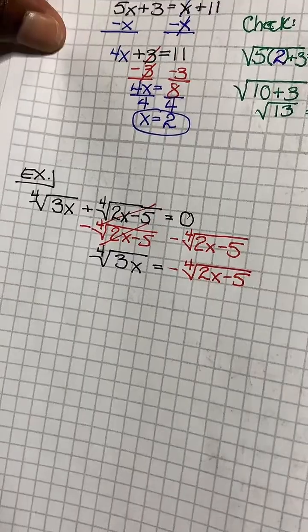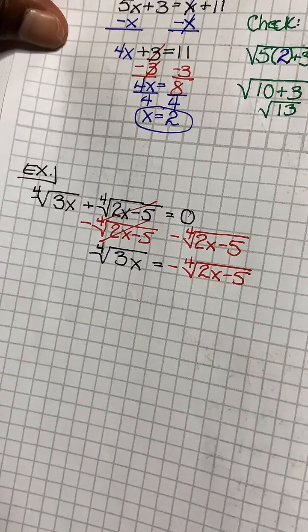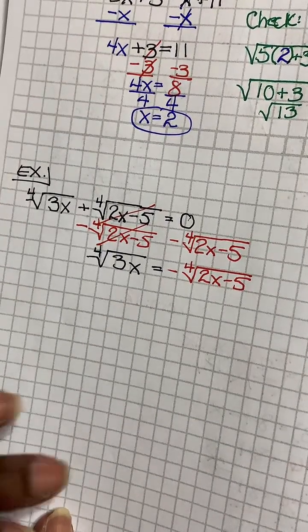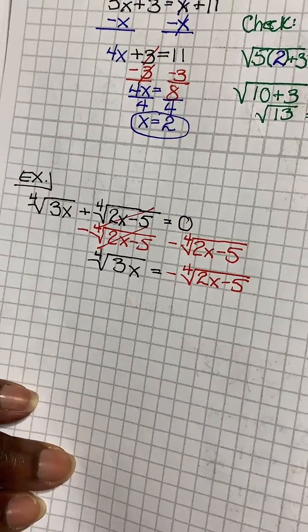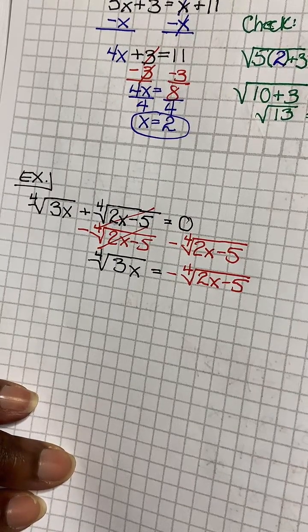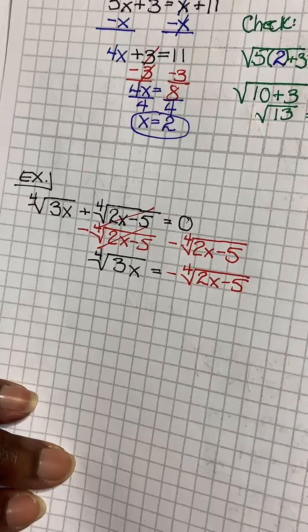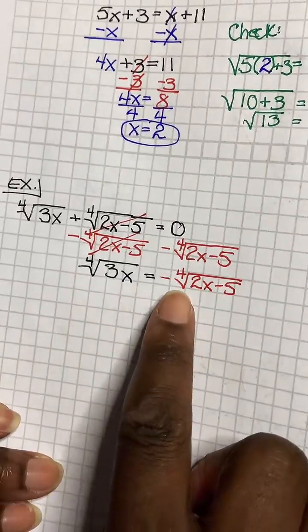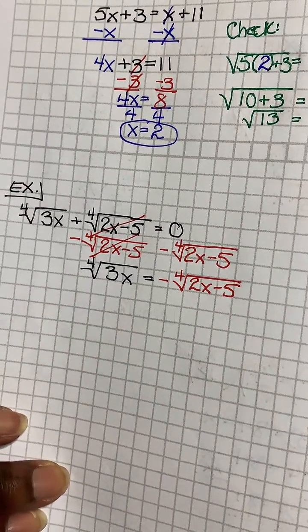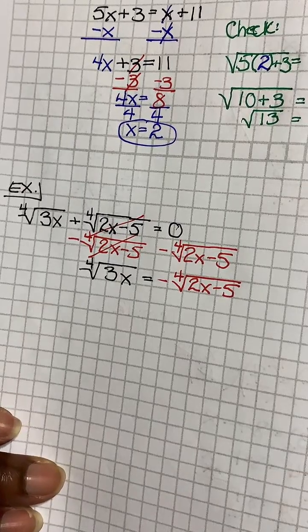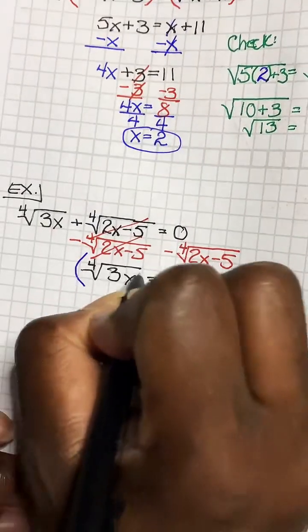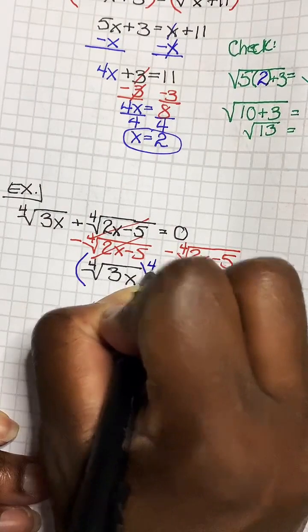So just like Kai is saying over here, and Michael, let me see who else. I want to make sure I get credit when credit's due. All right. I want to cancel out the fourth roots. So the way I can do that is I raise it to the fourth power.